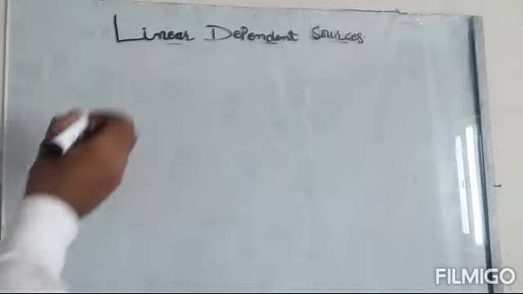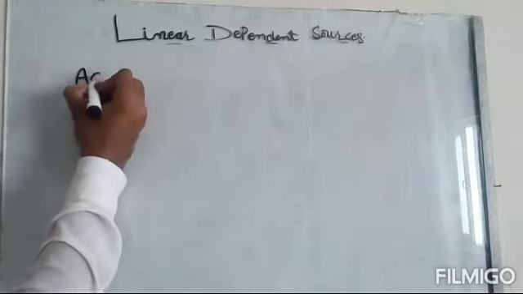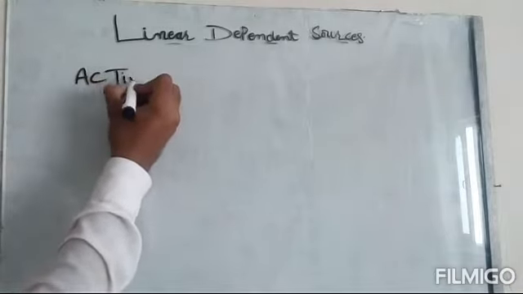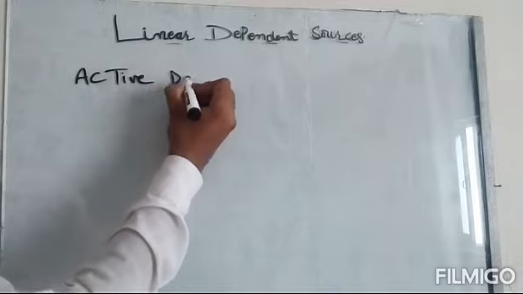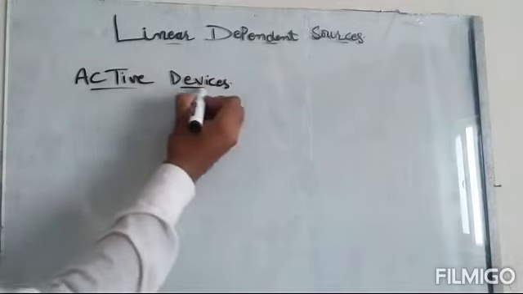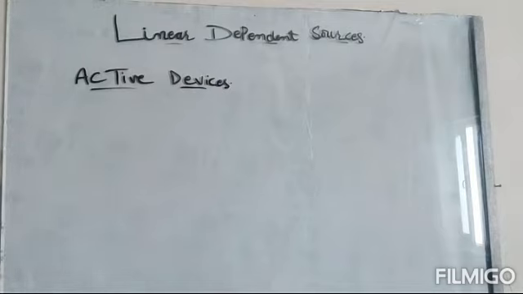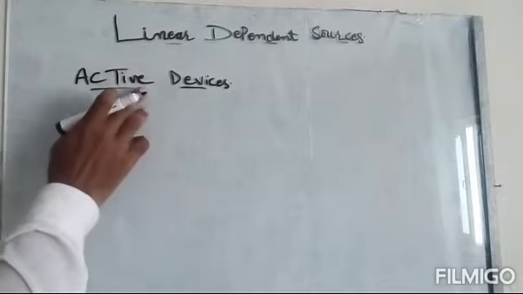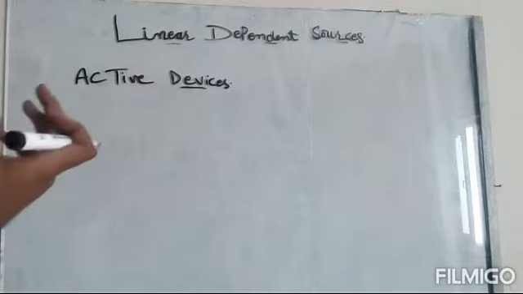First we will see what are active devices or active circuits. Active devices are those devices that require an external source and external power supply to operate correctly, and the circuits that have active devices are called active circuits.